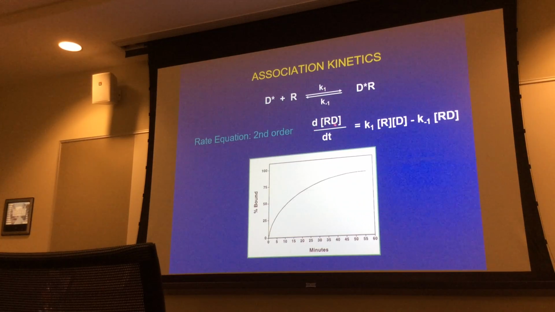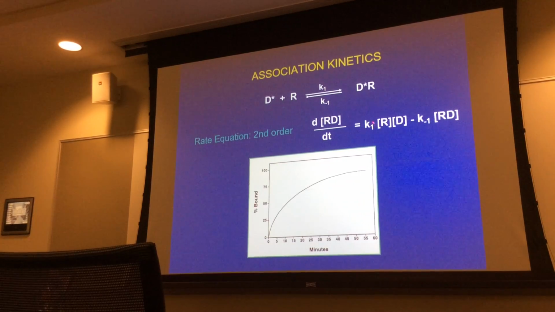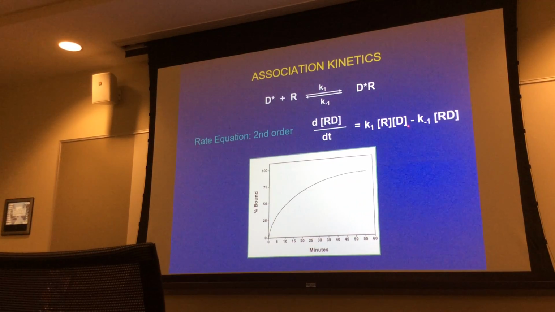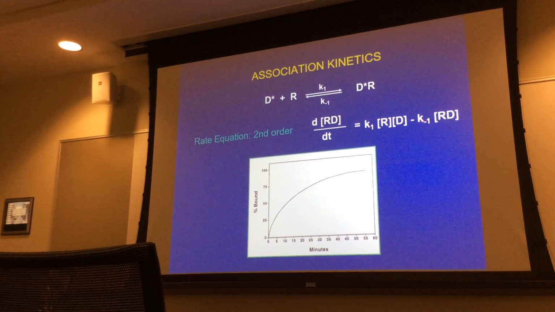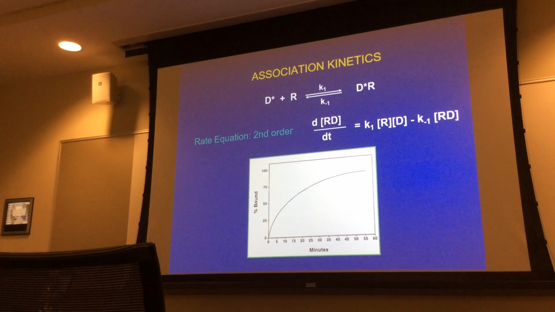The rate of appearance of the drug receptor complex as a function of time is equal to K1 times R times D. Okay, that makes sense because that's the forward reaction. But immediately, you're seeing a reduction in that amount by the dissociation. So you have minus K minus 1 times RD, which of course is the dissociation reaction.